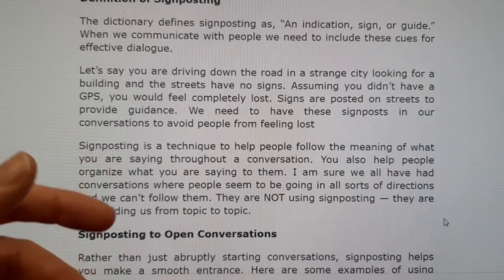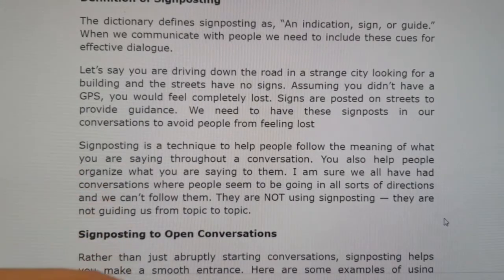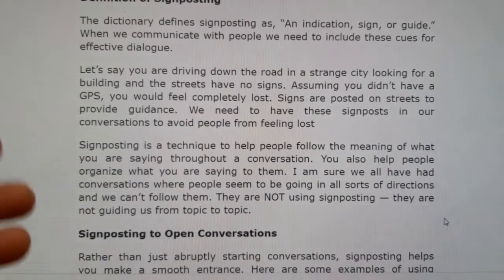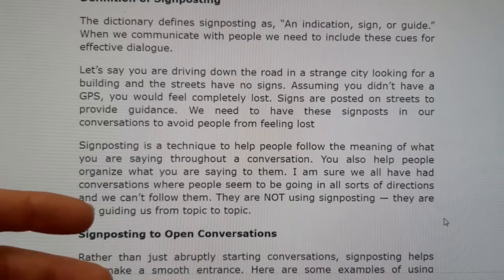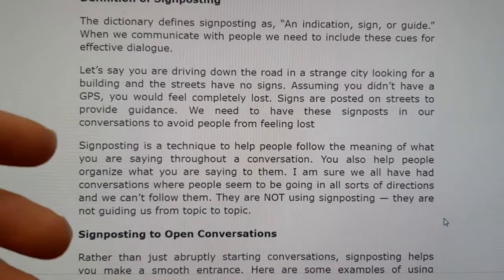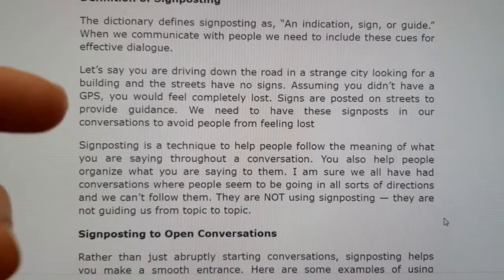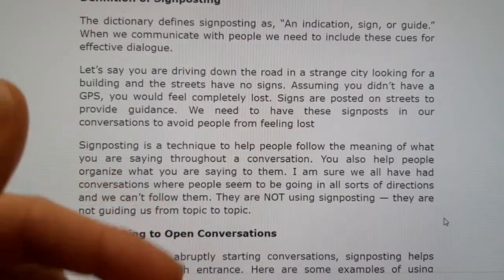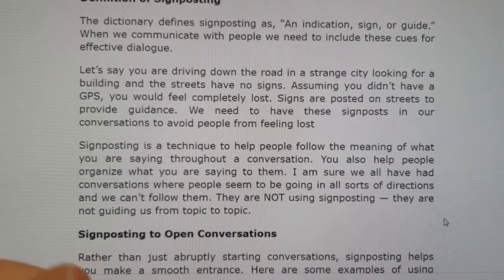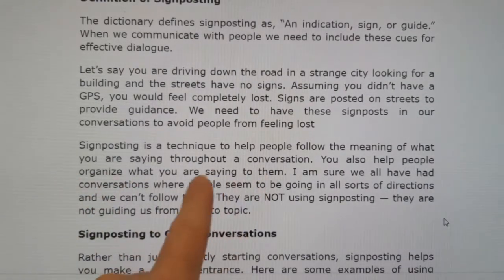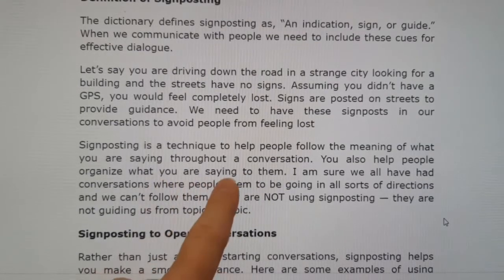You're describing your work or your topic, your area of interest, and you've got a structured order, and you're telling them, from one point to the next, how to move on, and what they're going to hear. So you help people organize what you are saying to them.